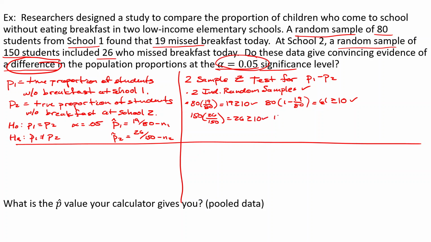Yep. The other one is 150 times 1 minus that, which is 150 minus 26 is 124, also greater than or equal to 10. So we've got our approximately normal sampling distribution. That checks out. And finally, independence.